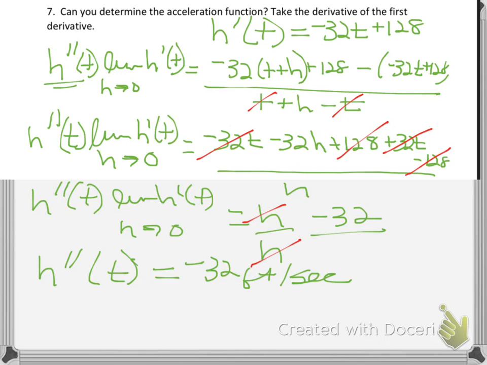What I find interesting is that your acceleration is a constant. It's not time dependent. There is no t associated with it. Therefore, regardless of where we are on that Adrian rocket curve, our acceleration is always negative 32 feet per second squared, even though our velocity is always changing. That should be an interesting little takeaway.